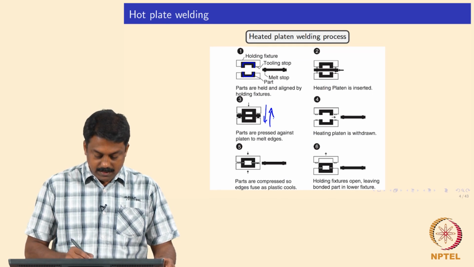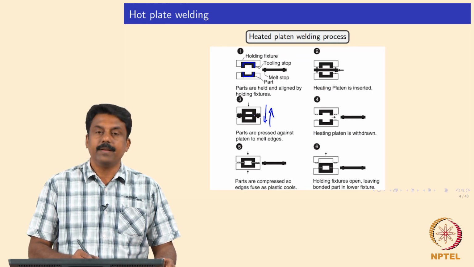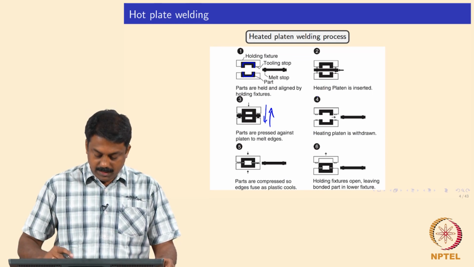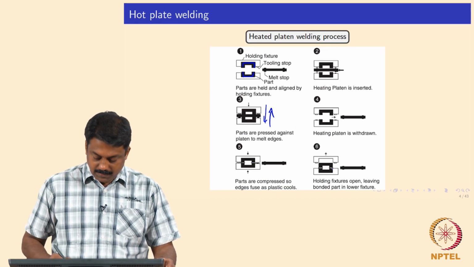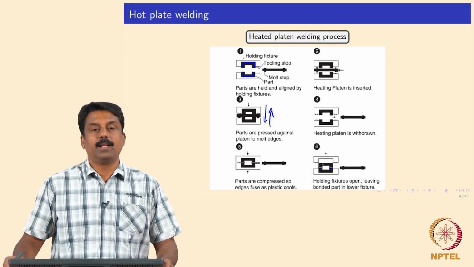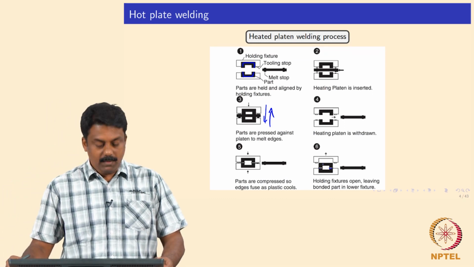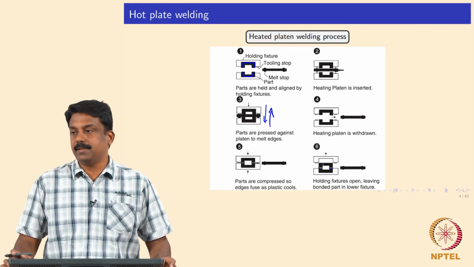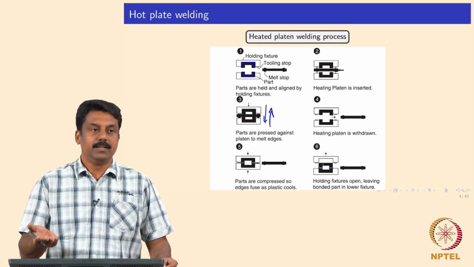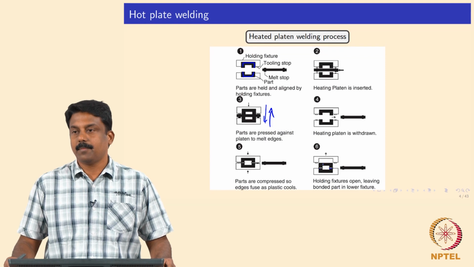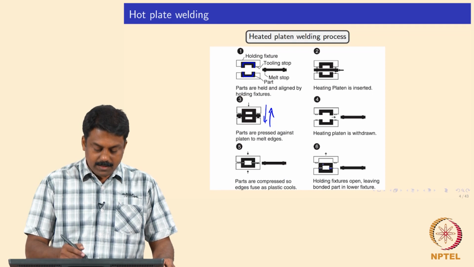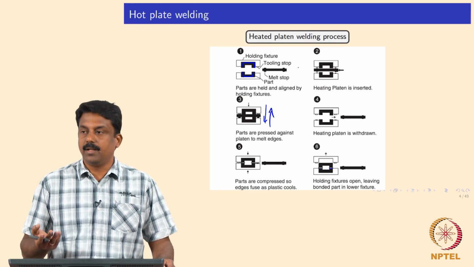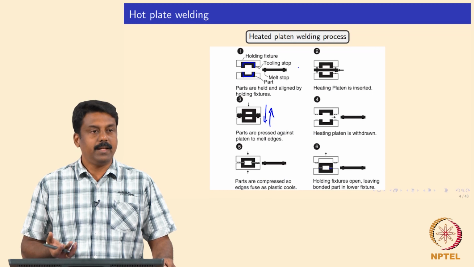The hot plate is pressed against the parts and you melt the interface. Subsequently, you remove the hot plate and apply another pressure, and the interface solidifies, forming a joint. It is the same as the one you saw in the previous slide. So, with proper clamping, hot plate welds are made using a simple hot tool. Is that clear?